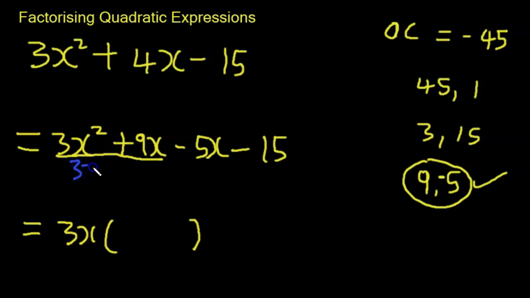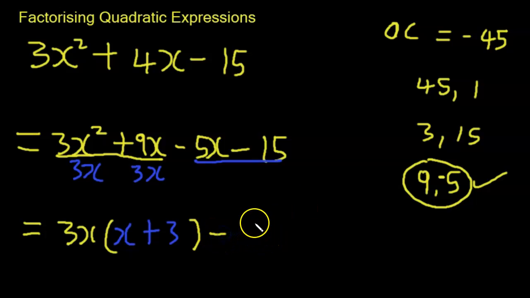And that's 3x. So 3 into 3, that's 1. X into x squared, that's x. Over here, x into x, that's 1. 3 into 9, it's 3. So x plus 3.